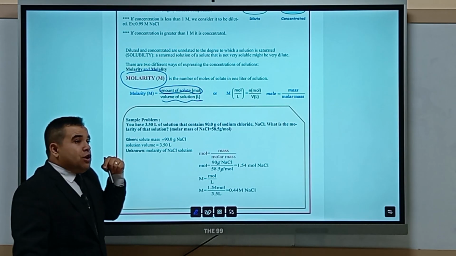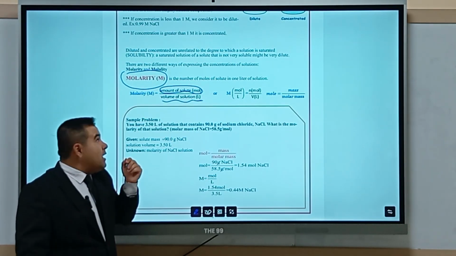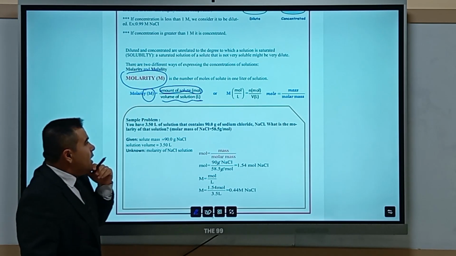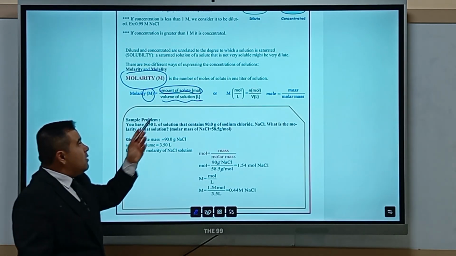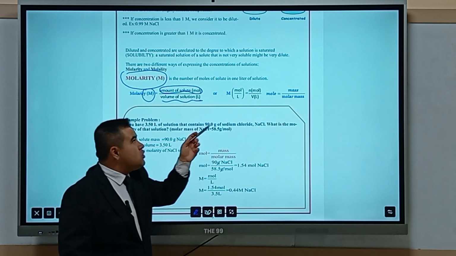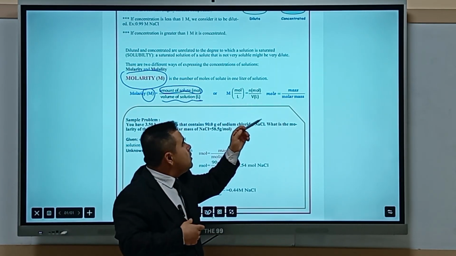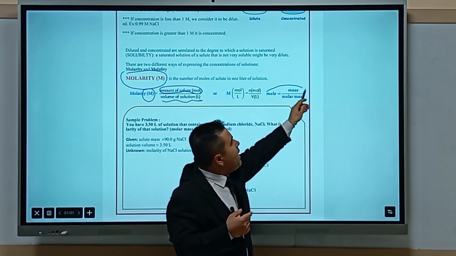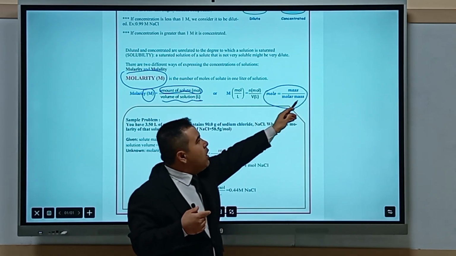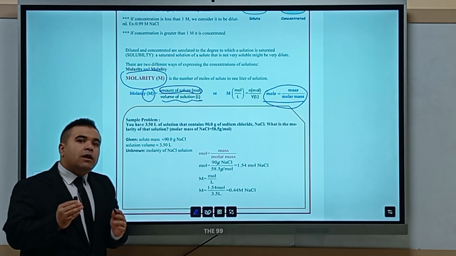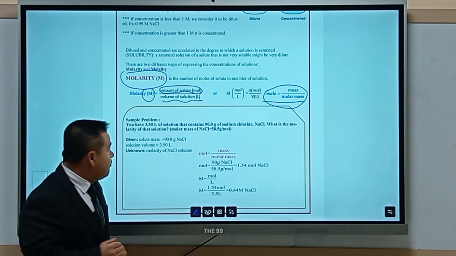Molarity is abbreviated by a capital M, and sometimes, guys, the mole will not be given, and the mass is provided instead, so the mole is equal to mass per molar mass. You have to know this additional equation in order to convert the mass to the mole.